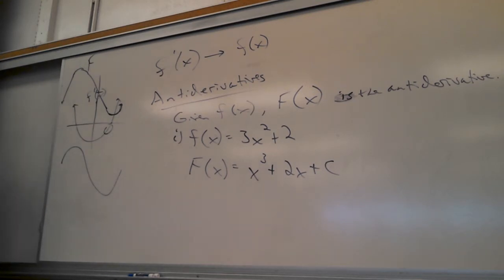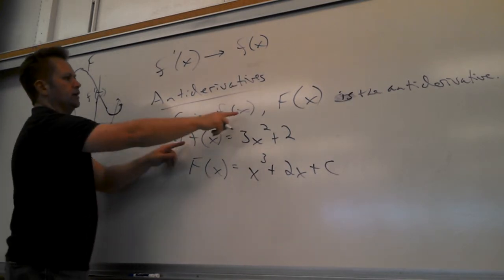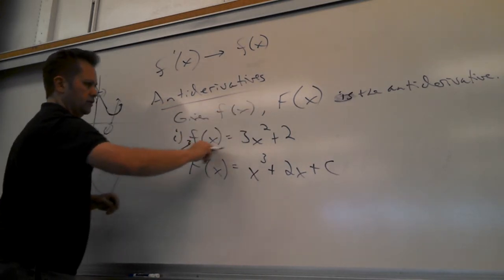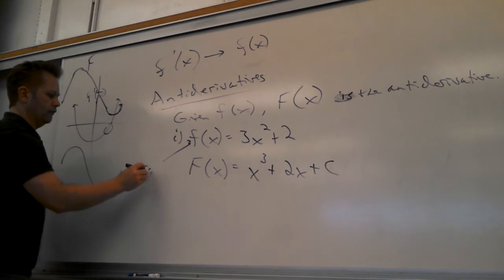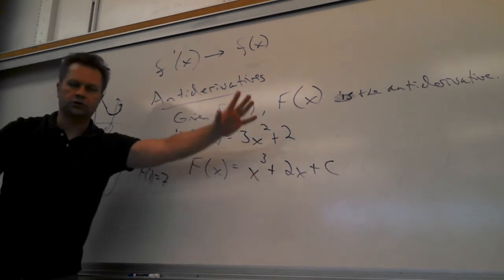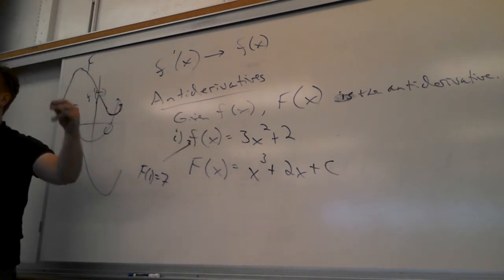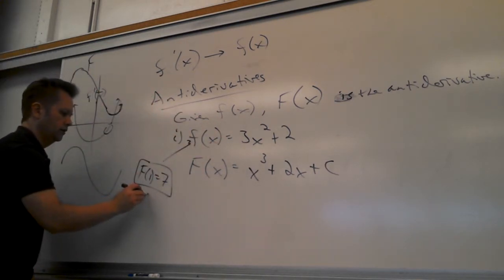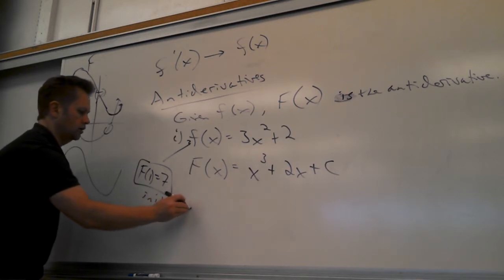How do you find that? I have to be given more information. So if I told you, find f given the derivative and also that f of 1 equals 7, well, then I just plug a 1 in and force it equal to 7, you can figure out what c is, right? This is what's called an initial condition.